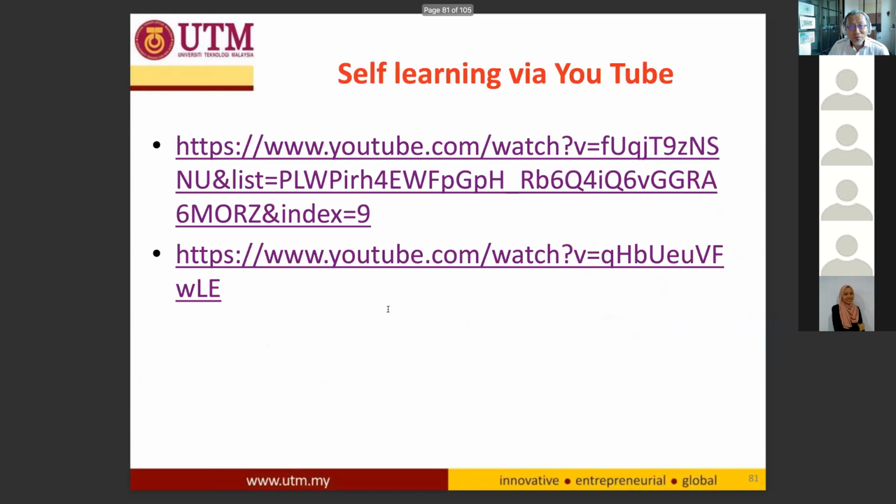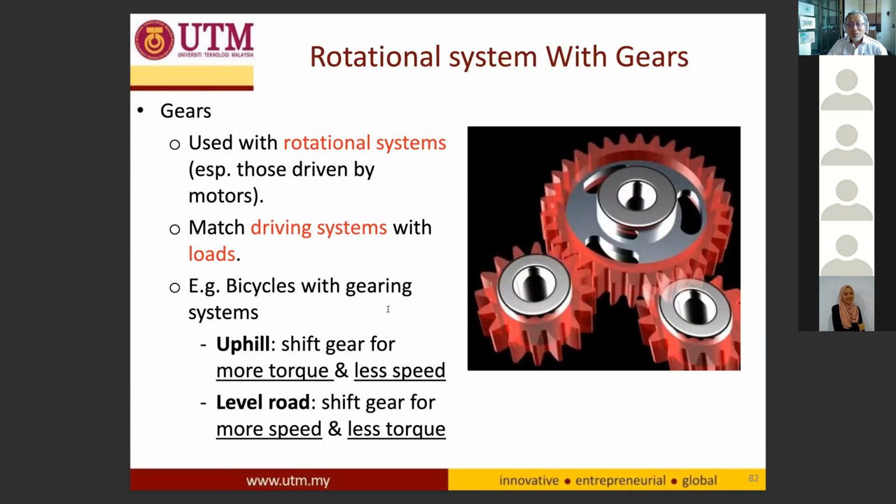Alright, so we move to the next one, rotational system with gears. I believe that everybody has a bicycle, a road bike or mountain bike. So can we ask one student, Sharifah Khairunisa, the longest name in the class?